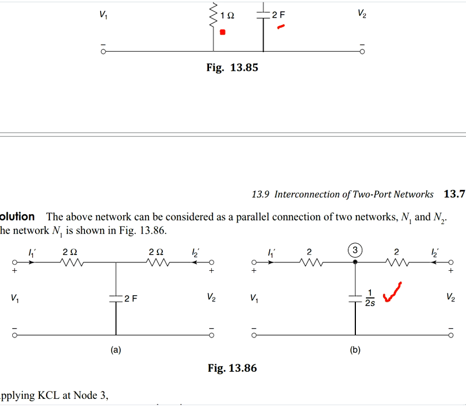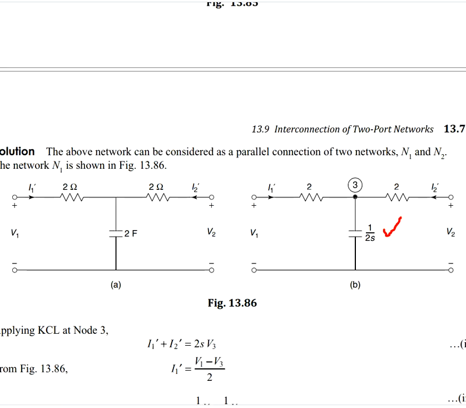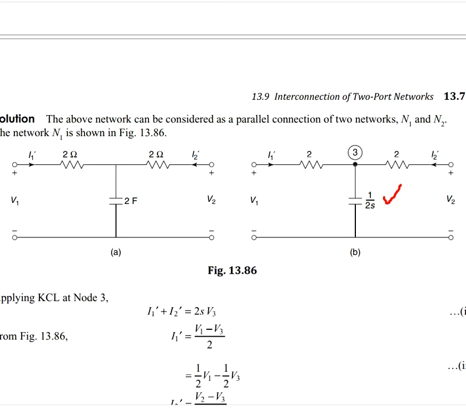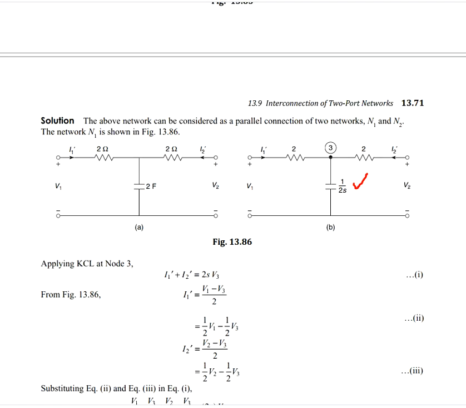Now you need to get the y parameters of this simplified network, which is a part of the overall network. It is easy to get. For that you directly follow the y parameter equations.